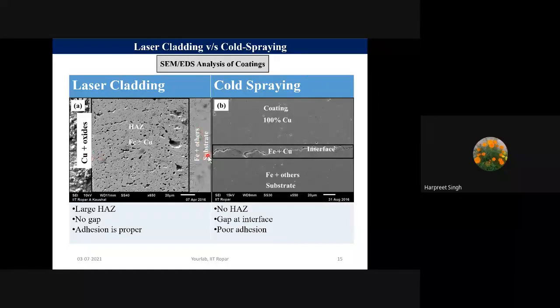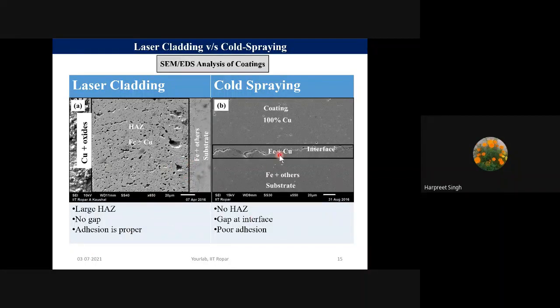This is the cross section. We have the substrate here, and then we have copper and oxides, and here we have the heat affected zone. You can see a lot of heat affected zone in our laser cladding. It was large, but there was no gap. Adhesion was good. That's not a problem here.